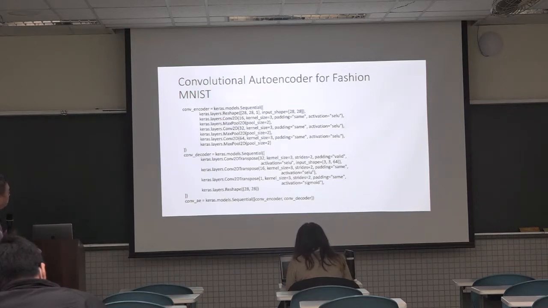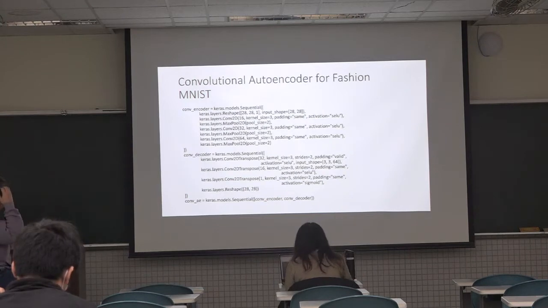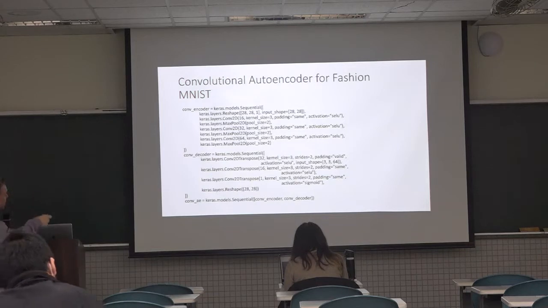In the encoder, because we are using the convolutional layer, we can deal with two-dimensional data, so we don't need to flatten it into one dimension. We only have one channel, so the input shape is 28 by 28 by 1.